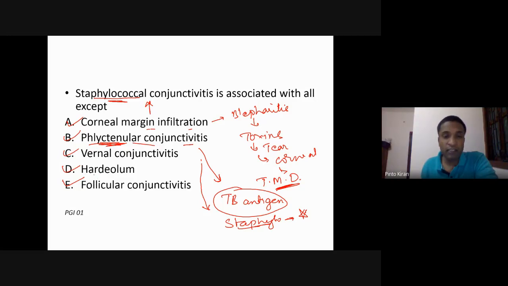And next, what is a hordeolum? You should know what a hordeolum is. Basically there will be an infection; it can be an internal hordeolum or an external hordeolum. Suppose this is the eyelid.